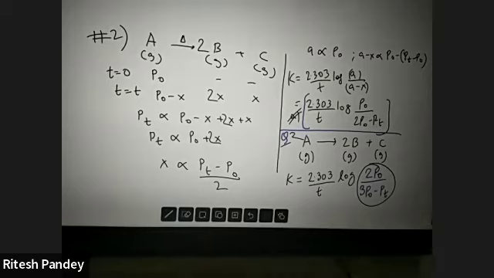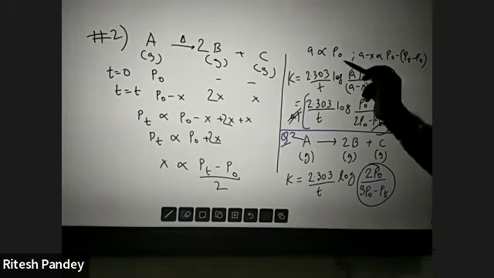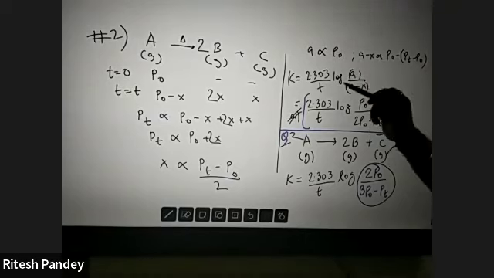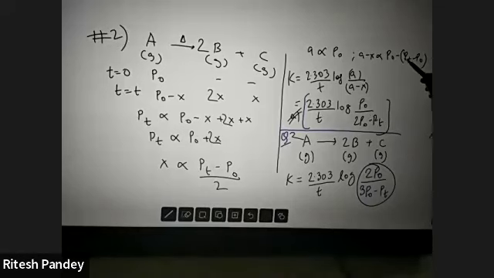Yes, sir. Any day A is proportional to P naught, like it's going to be always the case. Initial amount is the corresponding pressure, and here A minus x will be proportional to P naught minus Pt minus P naught by 2, which will mean it's proportional to, now 2P naught plus P naught will be 3P naught minus Pt by 2.